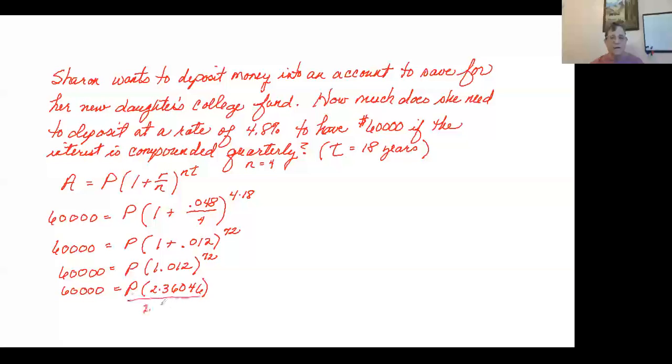If I divide both sides by 2.36046, I'm going to end up with P equals 25,418.77. $25,418.77 will grow to $60,000 in 18 years.